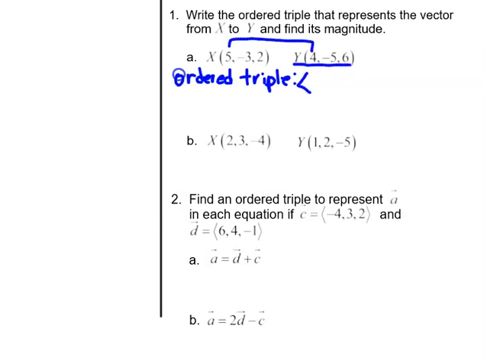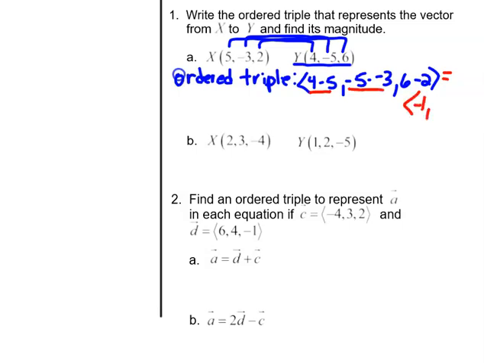So I have to go 4 minus 5. I have to go -5 minus -3. And I have to go 6 minus 2. Okay? And this is -1. This is -2, and this is 4.